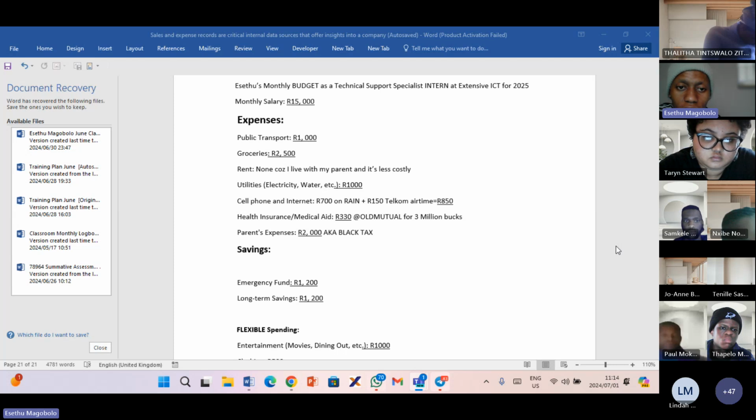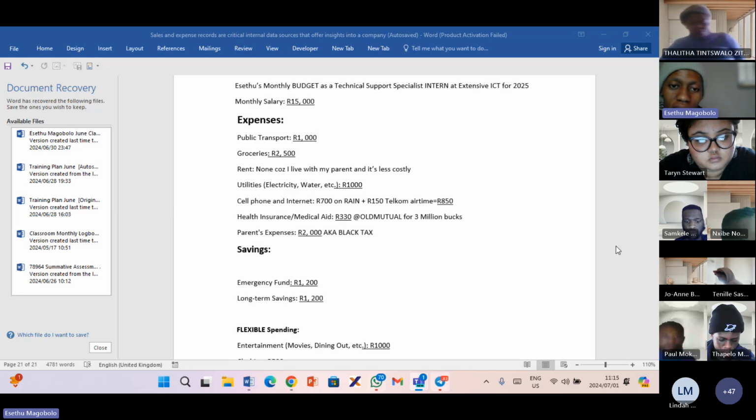Groceries, 2.5. Rent, I wouldn't be paying anything since I'm living with my parents. And then utilities, it's 1,000 rands. For cell phone and internet, which is Rain and airtime for telecom in case of load shedding, it's 850. Then for health and insurance, it's 330 a month from Old Mutual. Then black tax, it's 2,000 rands. Cannot ignore that.